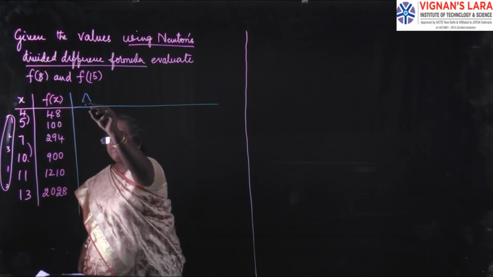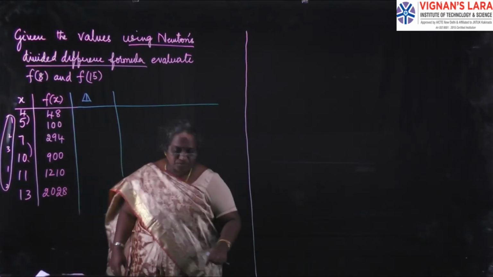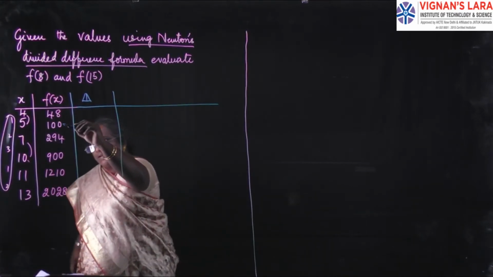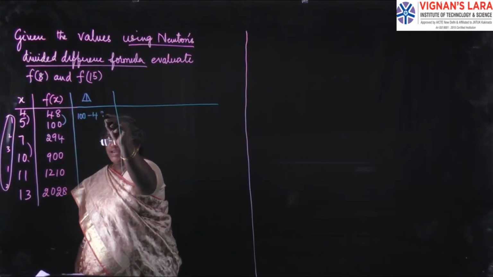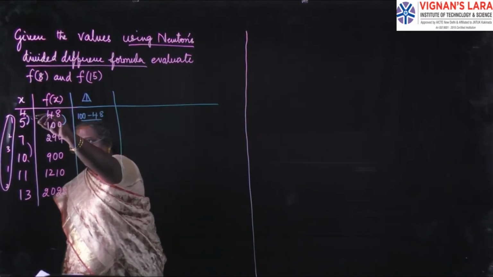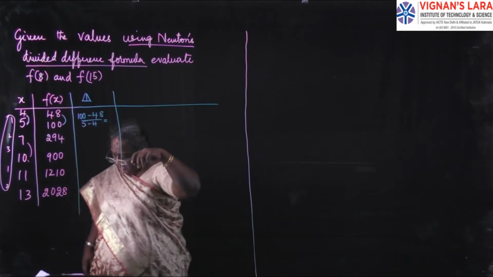So first, the divided differences. How do we calculate here? Now you see 100 minus 48 by 5 minus 4. So this comes to be 52.